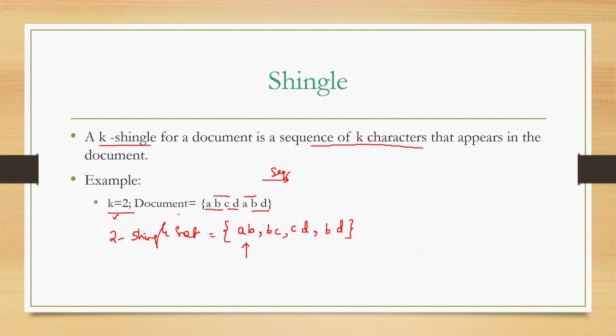If there is an application that wants us to also point out the counts of these elements being present in the document, you can also maintain a count, that this sequence AB is present twice in the document.